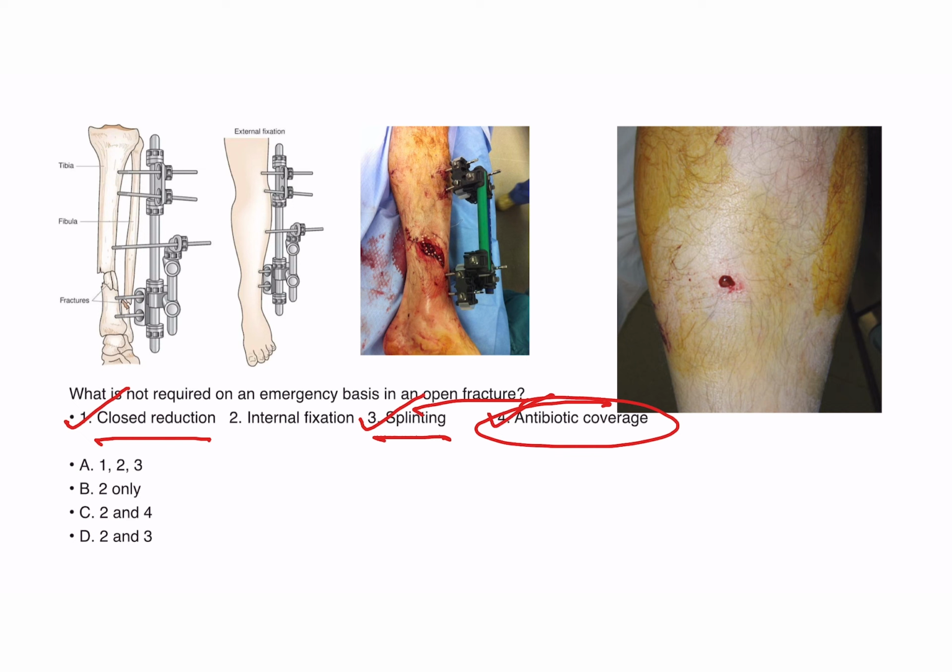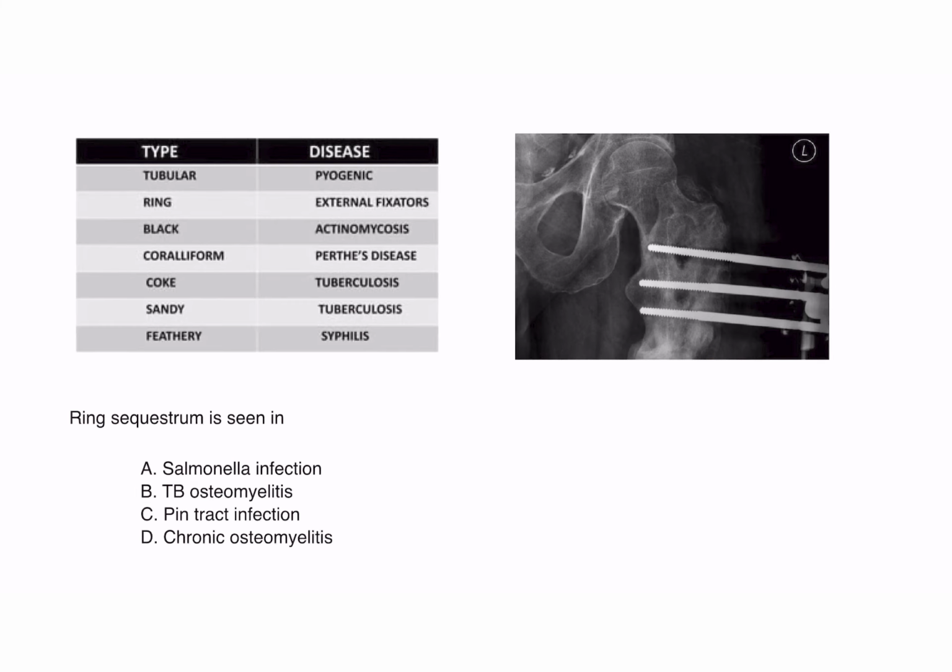I do not require internal fixation as a first step in open fracture management. If it is grade 1 or 2, then I may think of internal fixation as well. But the first three things I would consider would be closed reduction, splinting, and antibiotic coverage. So if at all they need one option, I would say internal fixation is the least thing I would think about when there is an open fracture.